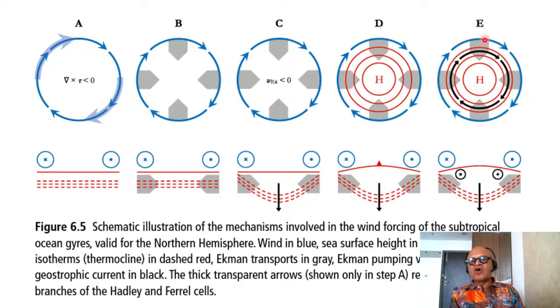If you focus again on this part of the gyre where the Ekman convergence, wind-driven convergence related to the wind stress curl, is pushing the isotherms down and pushing the sea surface height up, then you expect gravity-driven flow down the hill of a dome, which is the geostrophic flow, because of the pressure gradient created by the gradient in the height of the sea surface, remember d eta dx, d eta dy that we wrote before.